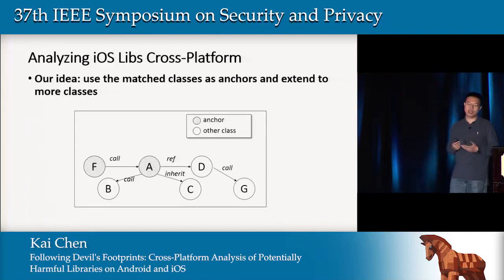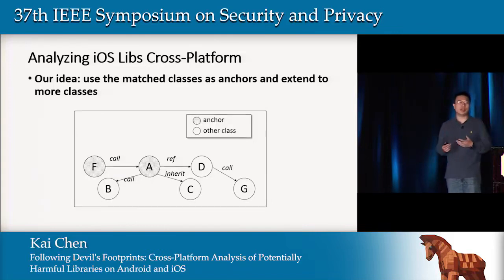But the situation becomes complex if another class F calls A. Because a library usually supports functionalities to other code like the app, it can support this interface to F. So we do not know whether F is inside the library or not.